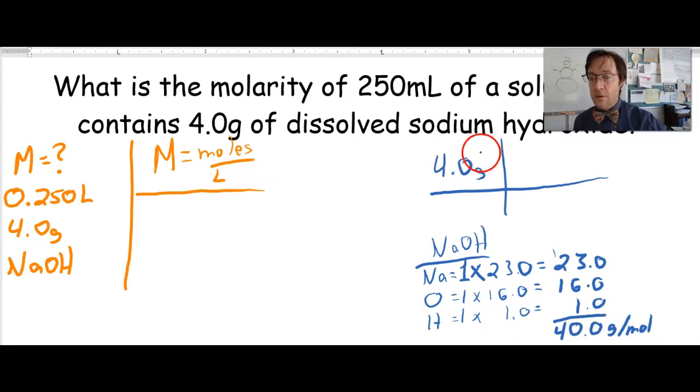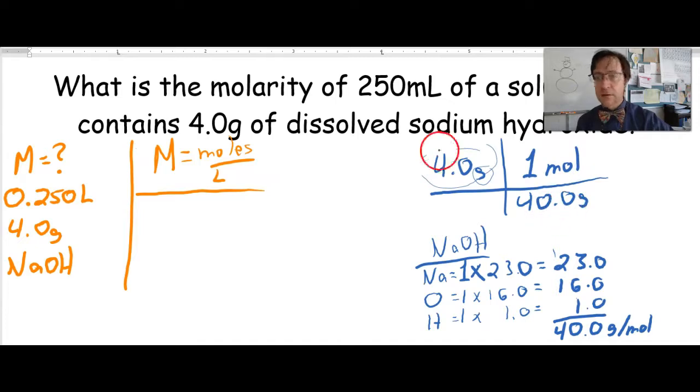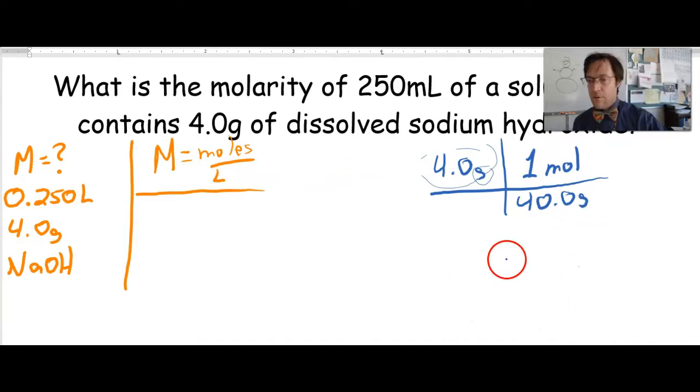Now, I'm starting with 4 grams, so I've got grams in the upper left. So in the bottom right, I'm going to put grams, specifically 40 grams, and up top I will put 1 mole. Lovely. So let me just get this out of the way here. Okay, and this is going to give us 0.1 moles, which I will then plug into my equation over here.